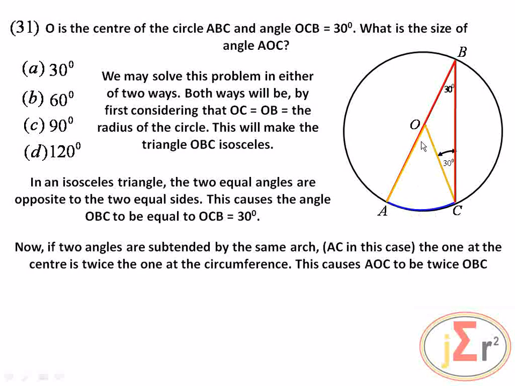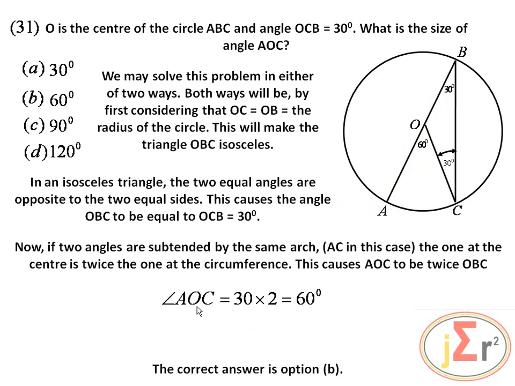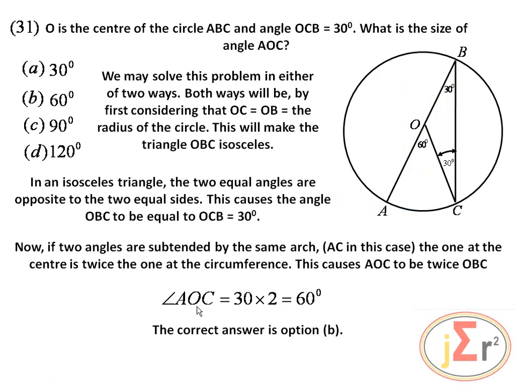Therefore, this angle is 2 times this one. And we have angle AOC is equal to 2 times 30, which is equal to 60 degrees. The correct answer is option B.